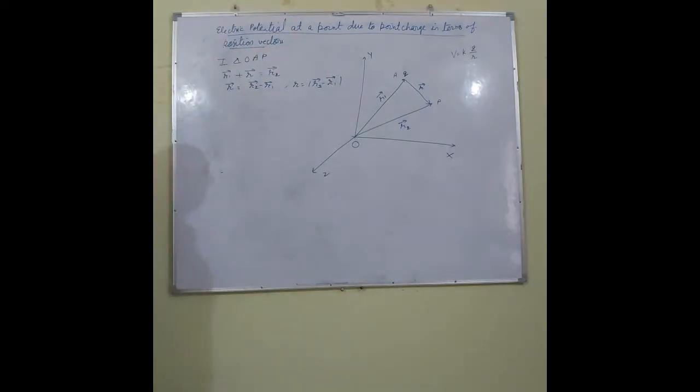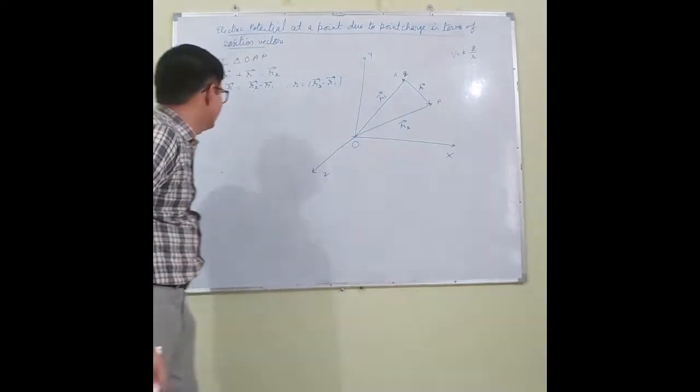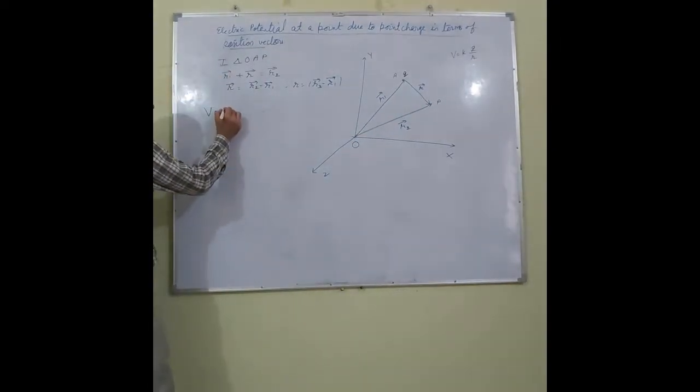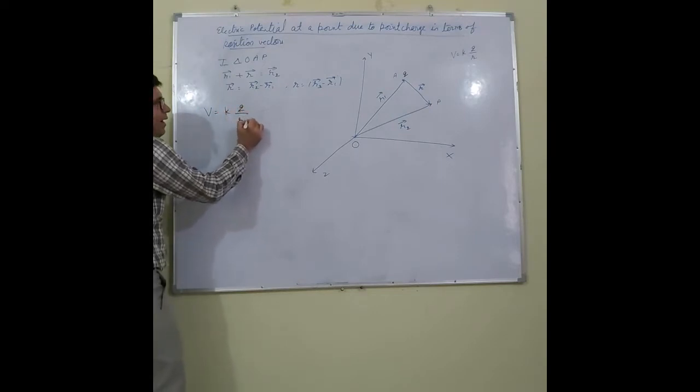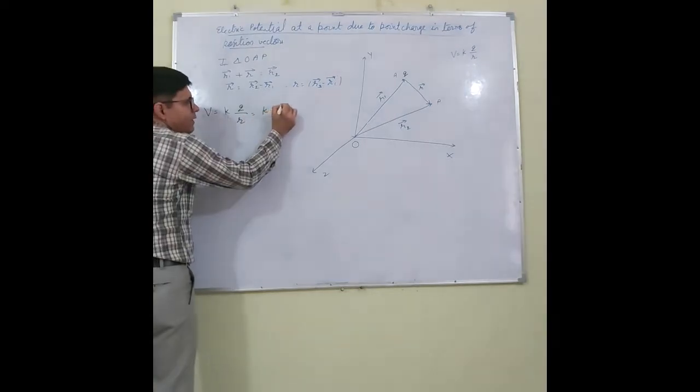Now what I have to do is calculate the electric potential at point P in terms of position vector. Let the electric potential at point P due to this point charge be V. The formula you know, K Q by R. What is R?